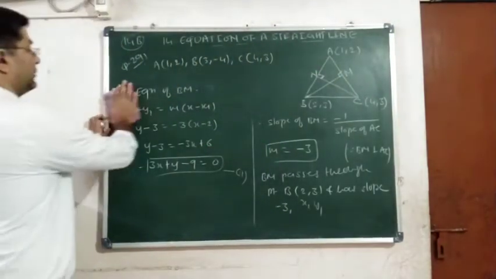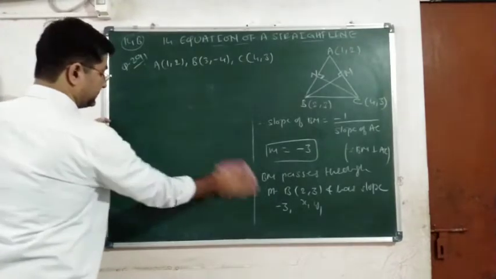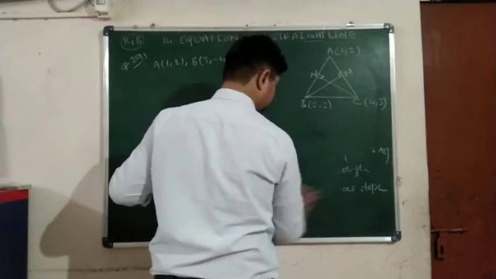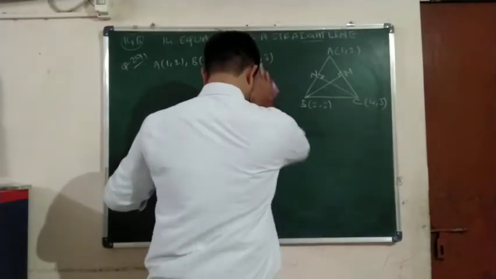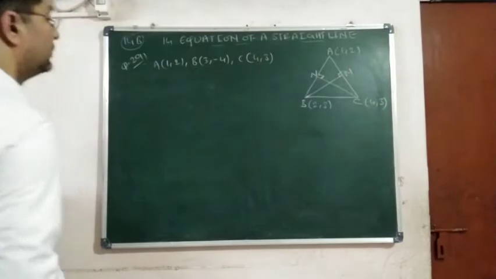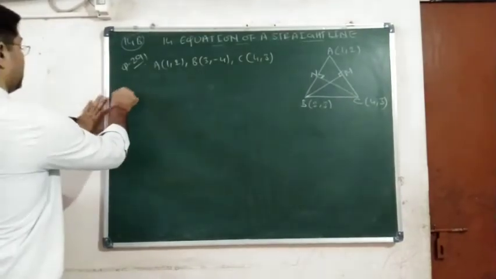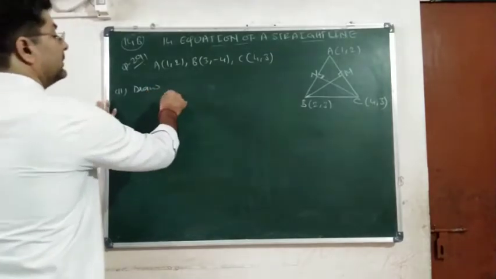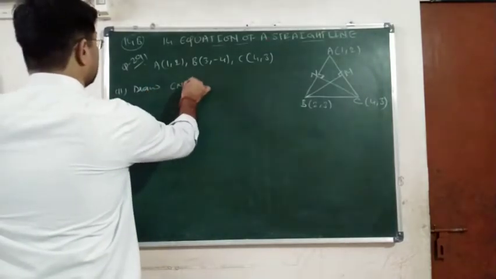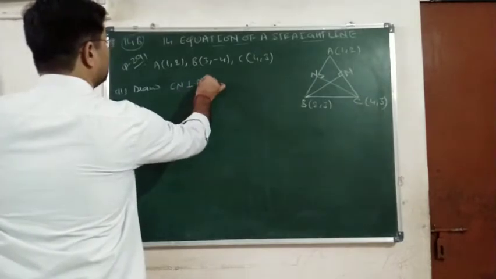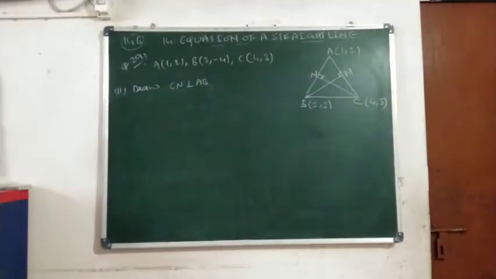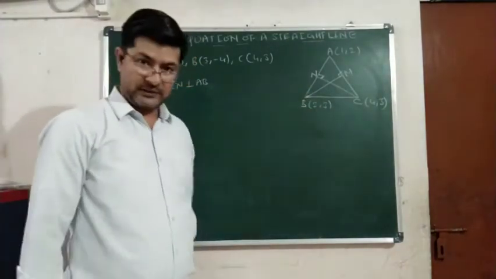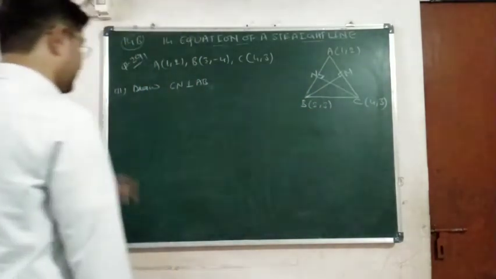So now we will write down number 2: CN perpendicular to AB. Clear? Now again we know that slope of AB and slope of CN will be negative reciprocals of each other.